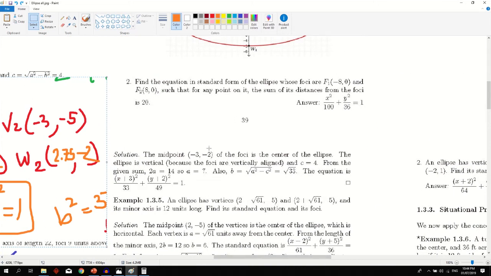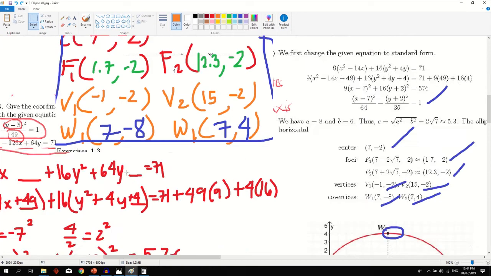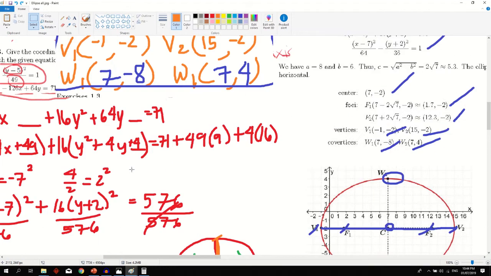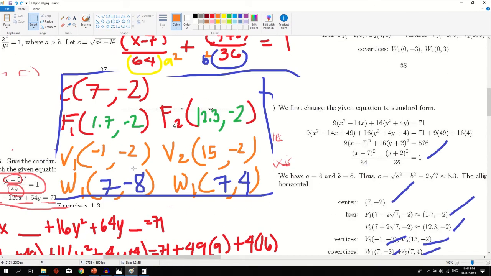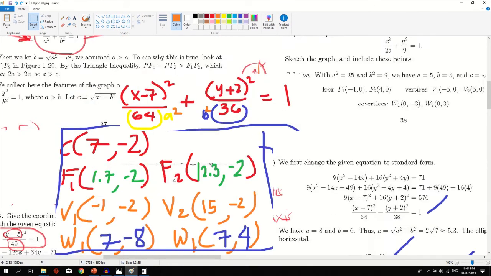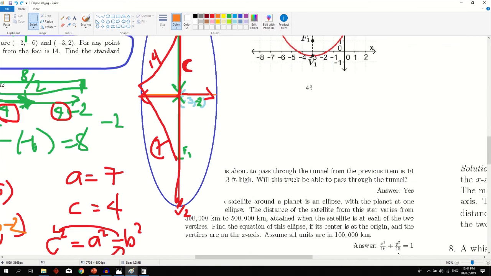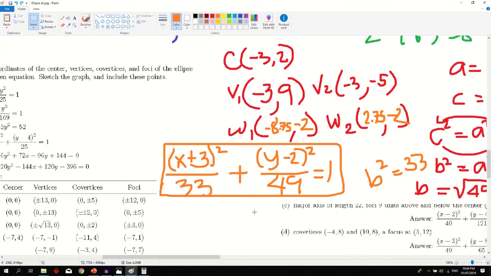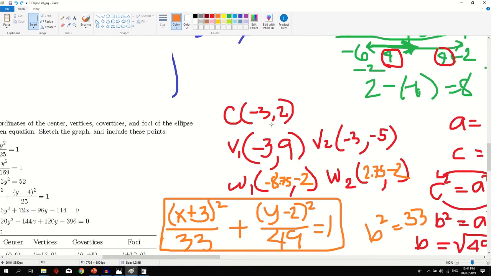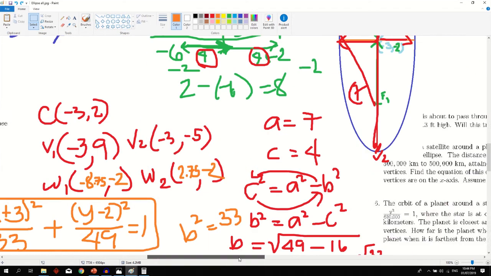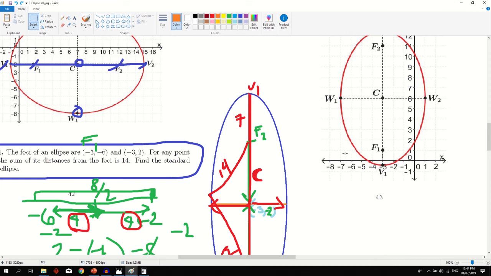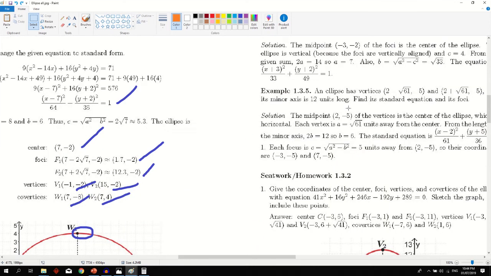Okay, we will get that back there, where it belongs. Okay, so why is their center negative 3, negative 2? So why did they have that center?